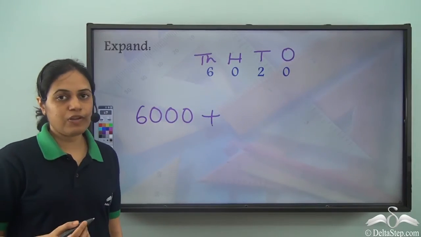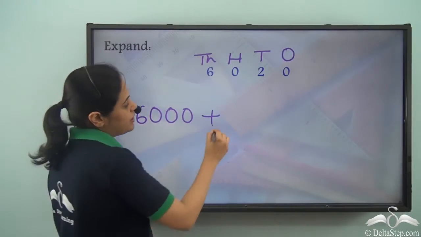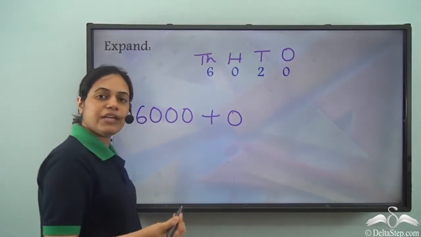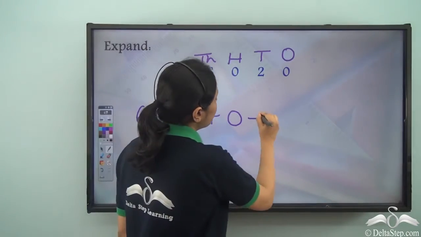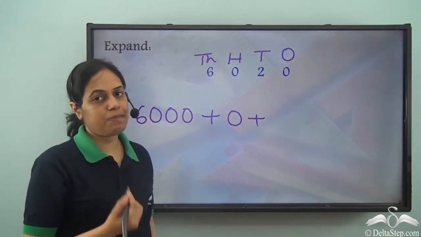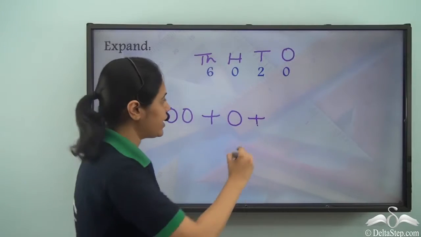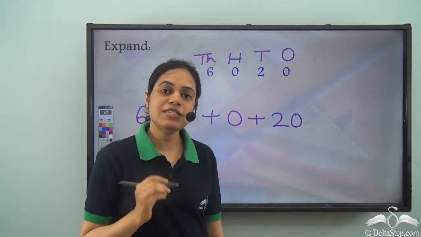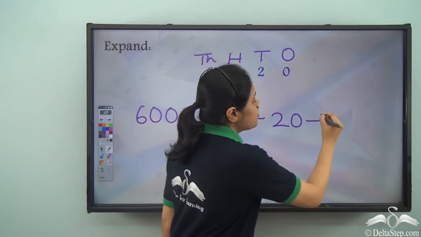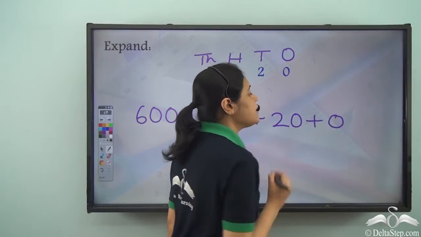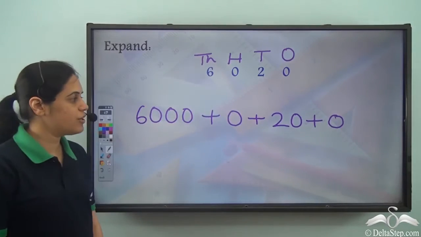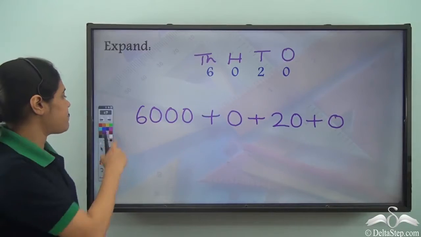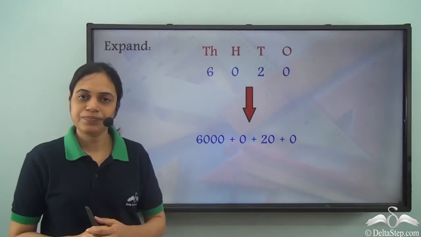So the place value will be 0 into 100. That is 0. 0 into anything is 0. 2 is in the tens place. So the place value will be 2 into 10. That is 20. And once again I have a 0 in the ones place. So the place value will be 0 into 1. That is 0.